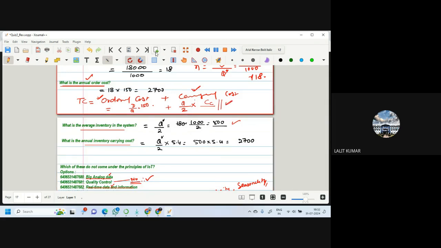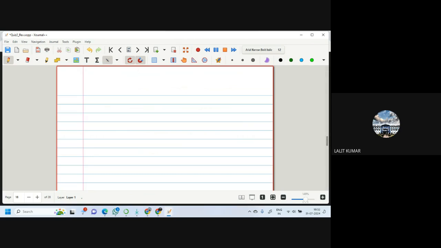Again, from here I will cover the EOQ part. For the EOQ, there is a demand, and this is the full year demand. Then there is a CO, the ordering cost, which is per order.